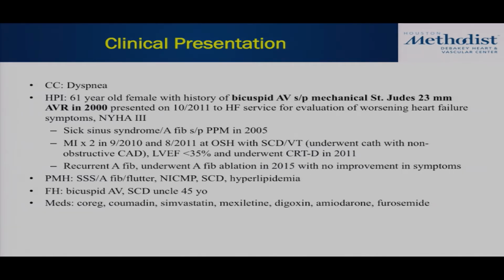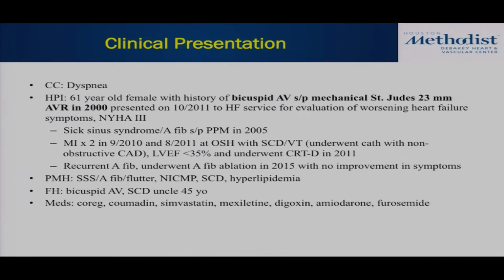She has a history of prior myocardial infarction in 2010 and 2011. That was in an outside facility. And a history of 2 episodes of sudden cardiac arrest and ventricular tachycardia. At that time, she underwent coronary angiogram, which showed that she had non-obstructive coronary artery disease, and her LV function at that point was less than 35%, and she underwent a BIV device in 2011.